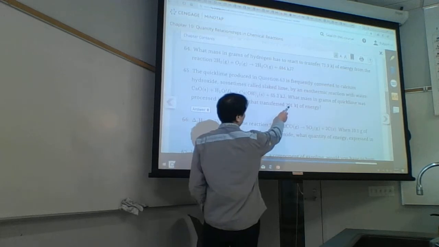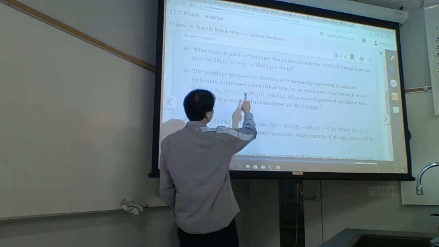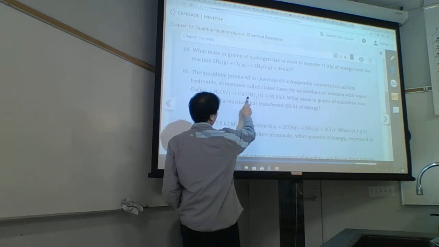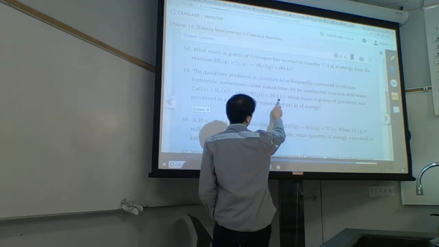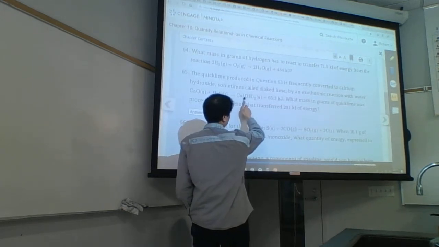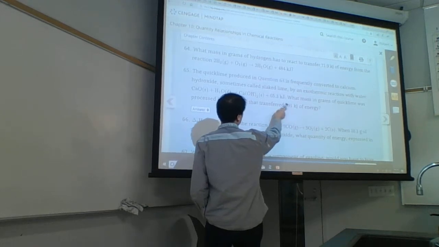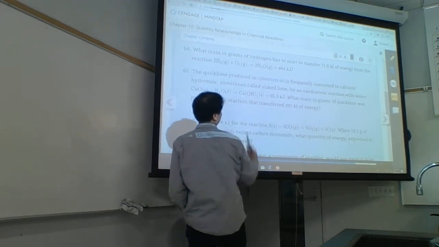So quicklime is this. So it's 65.3 kilojoules for every mole of this. So we have 291 kilojoules, so we'll go from kilojoules to moles to grams.